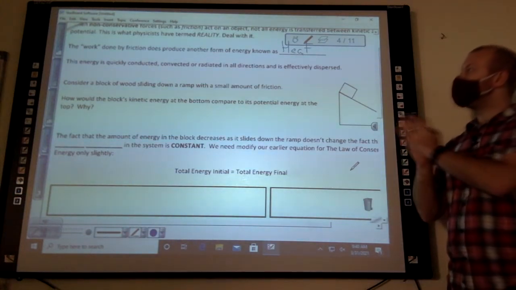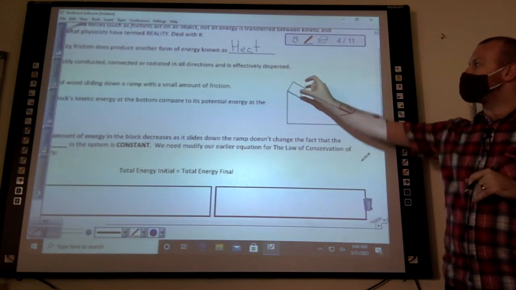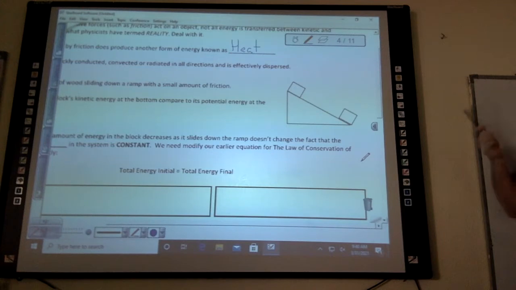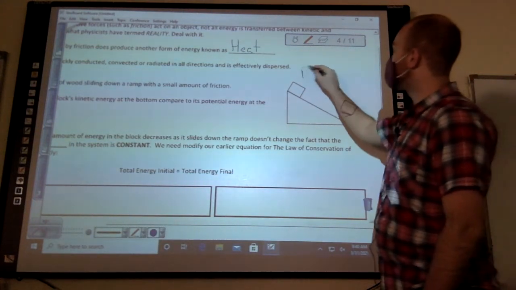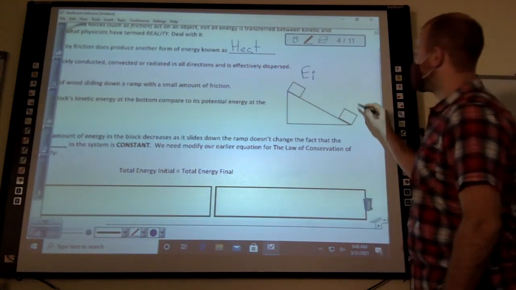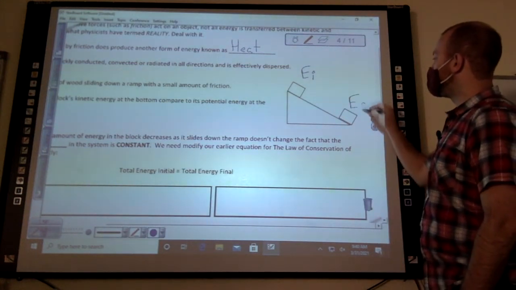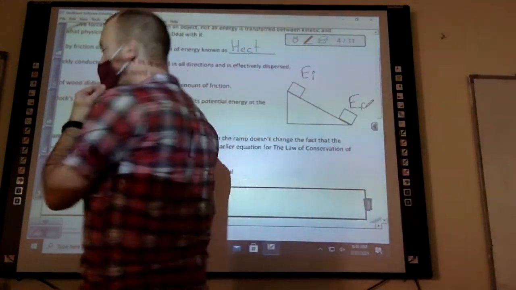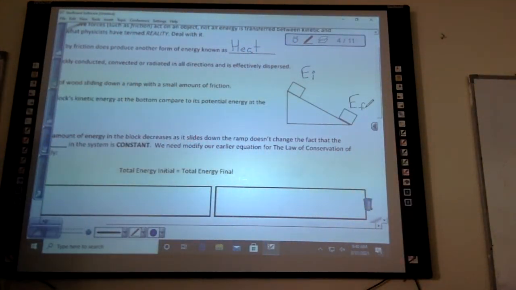So when you have something like this, where you've got a wooden block that's moving down an incline, there's going to be some friction that's involved. So if we're looking at up top, there's an energy initial, and down at the bottom, there's an energy final. You're going to lose energy in this system.